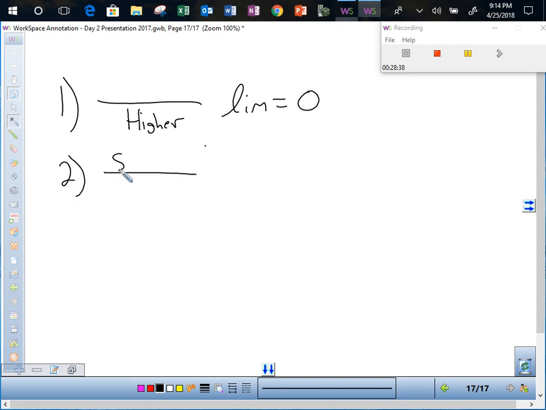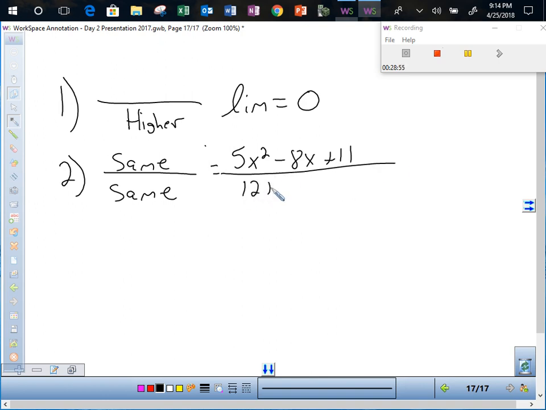If the highest power in the numerator is the same as the highest power in the denominator, you go find those coefficients. Here's a real quick example. 5x squared minus 8x plus 11 over 12 plus 11x squared minus 6x.